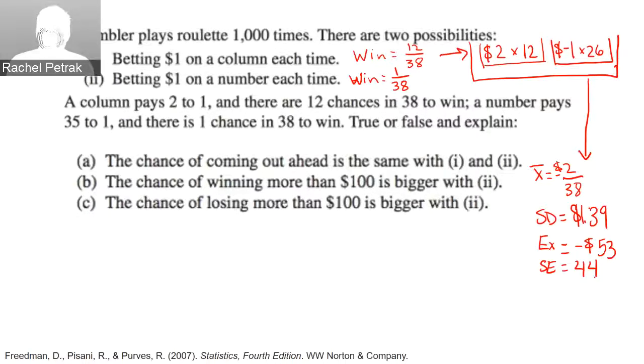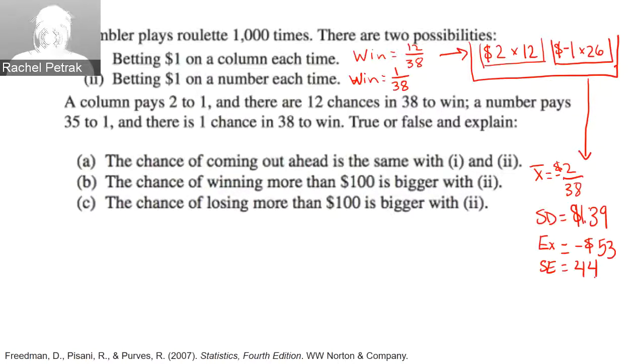If you play 2, now that we've got all the numbers for this one, let's just think through the comparison for 2. On 2, you bet $1 on a number each time. So there's another box with a bigger standard deviation.